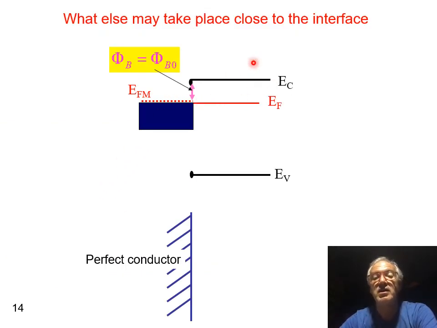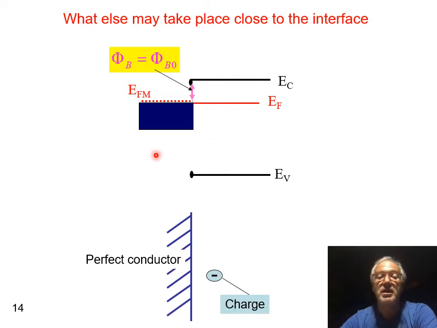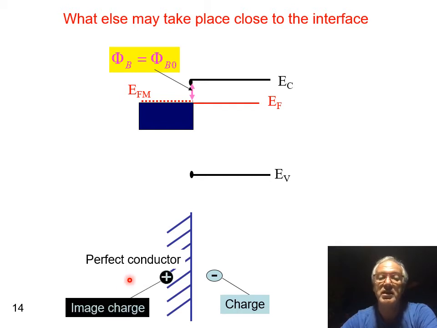So basically, here is our zoomed picture, and we're going to place a charge, and the metal is now a perfect conductor, like a perfect mirror. And if we solve the potential of the charge close to a perfect mirror, then the solution would give us the equivalent of an image charge.